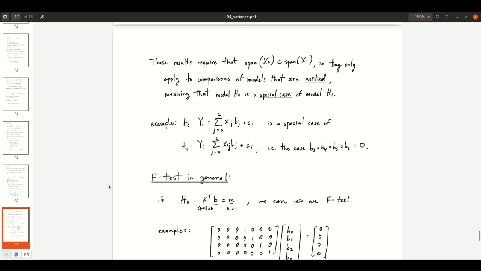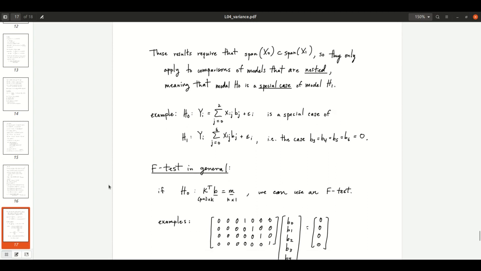Now, one note here. If we think back to what we did, the proof depended on the fact that the span of the design matrix for the null model was a subspace of the span of the design matrix for the full model. We use this fact to show, for example, that P0 P1 is equal to P0.